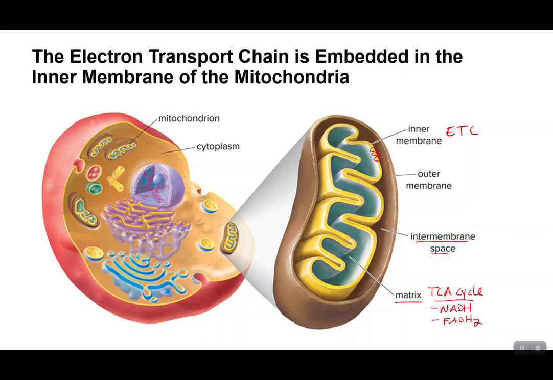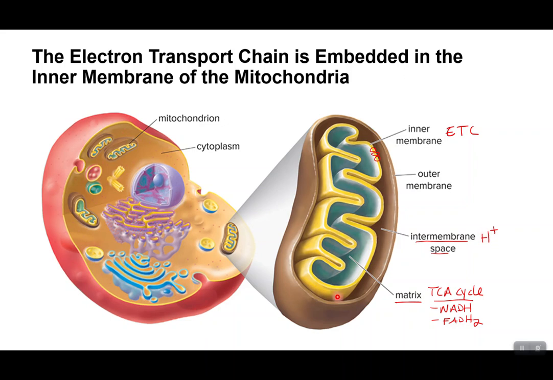The intermembrane space is an important part of the electron transport chain reactions, because some of the products produced by the enzymes in the electron transport chain are going to accumulate in the intermembrane space. Those products are going to be protons. And this accumulation of protons within the intermembrane space is the important part of driving the phosphorylation of ADP into ATP.